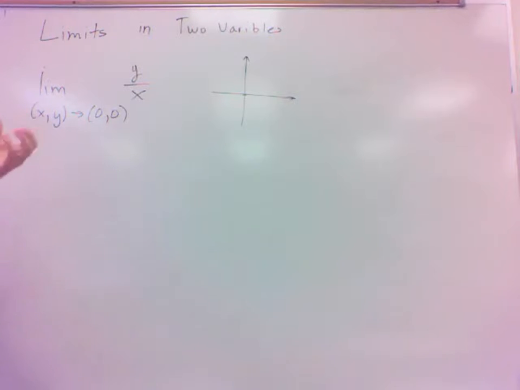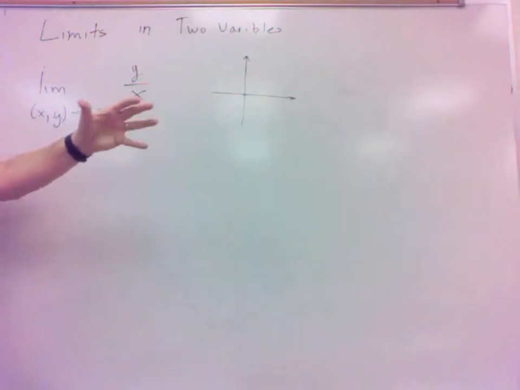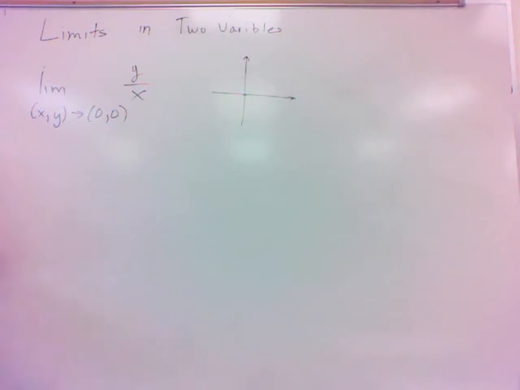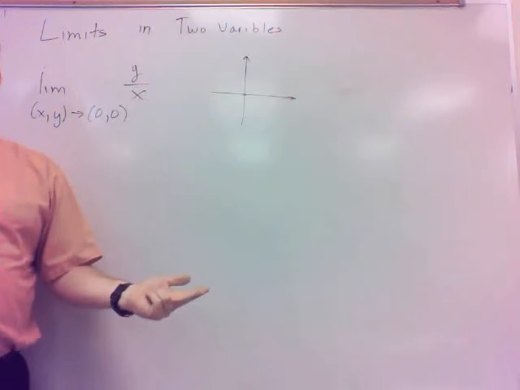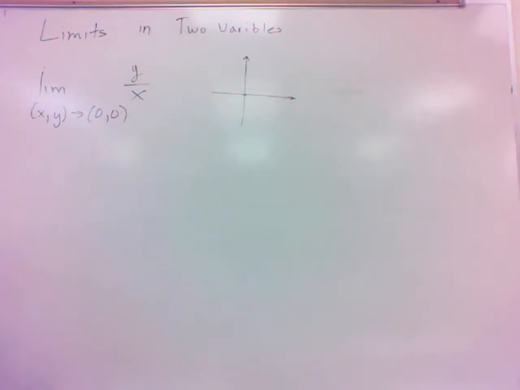As we approach, when we say this limit has a value, that means any way we approach it, the value is the same. So if we can find two things that aren't the same as we approach in two different directions, then our limit does not exist.